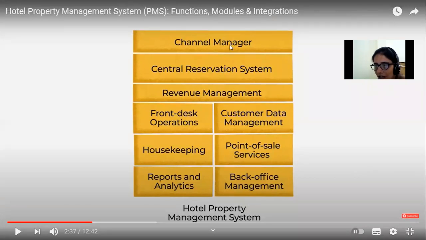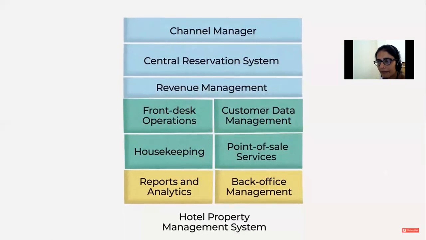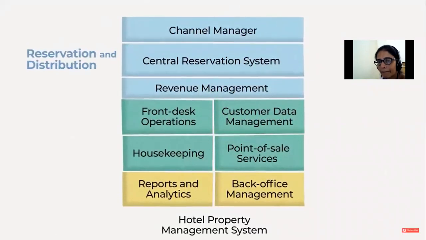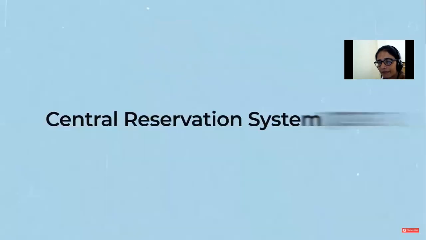So easily we can use this software and provide the guest proper bills and properly calculated things. These modules can be grouped into three categories: reservation and distribution, in-stay experience, and back office and reporting.